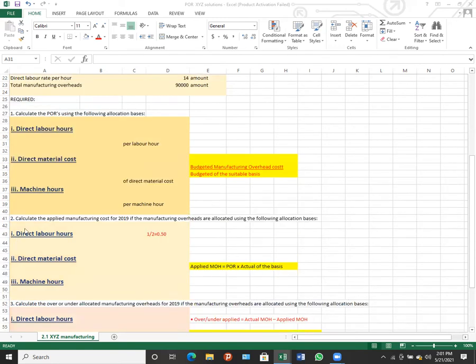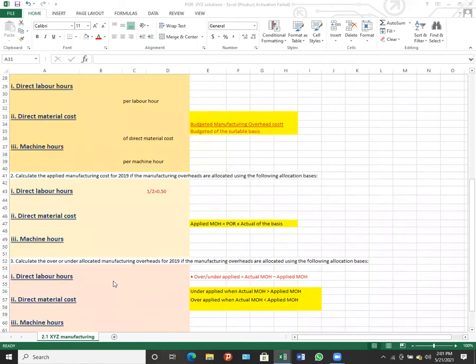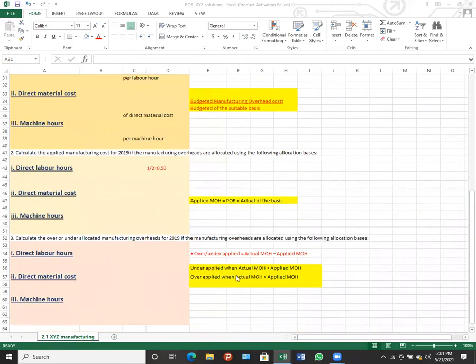And then you are to calculate your applied. You are going to use your POR times your actual basis. To calculate your over and under applied, you are going to use your actual minus applied.